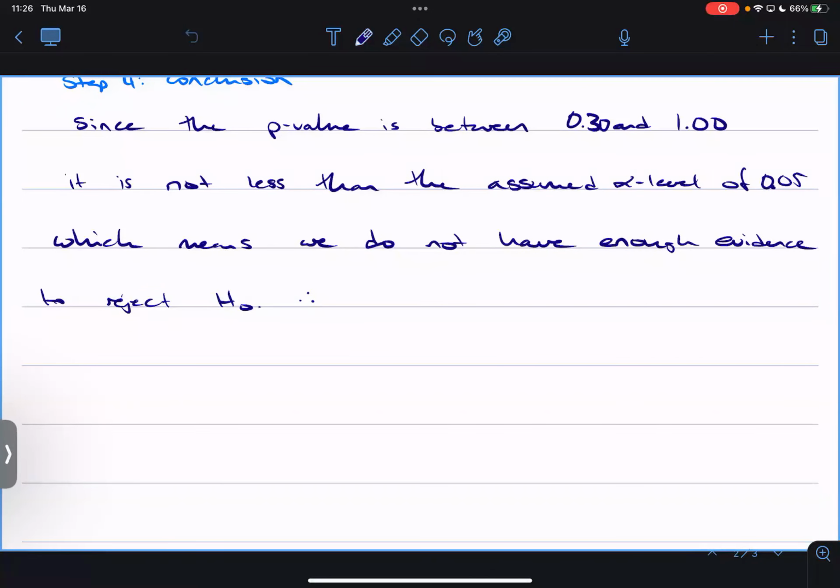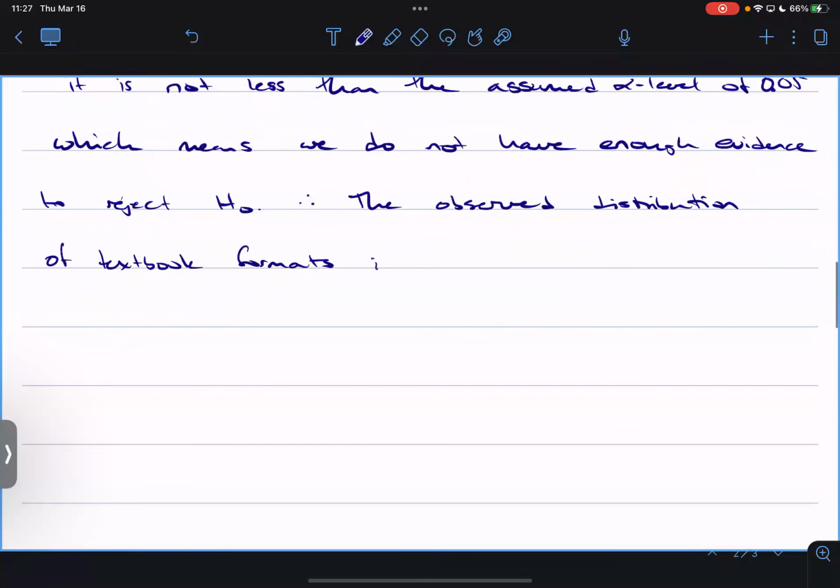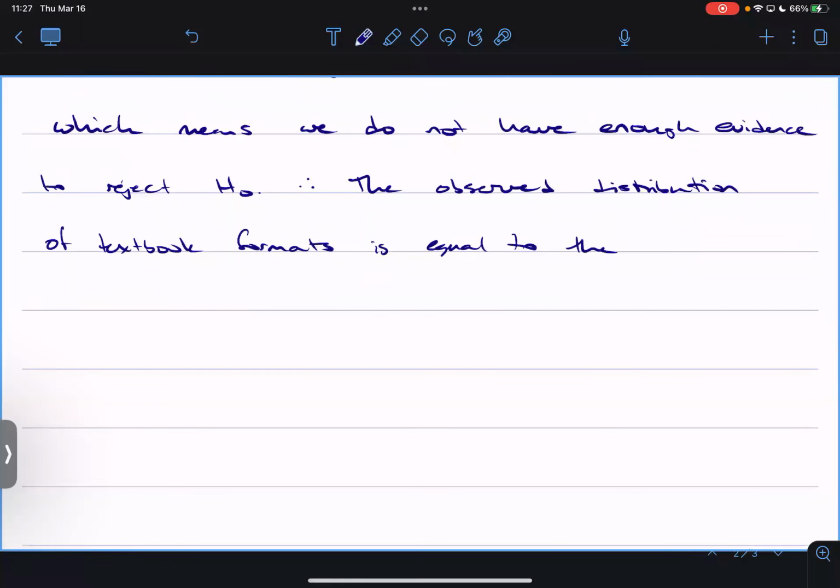Therefore, the observed distribution of textbook formats is equal to the predicted distribution, or maybe I'll say the distribution the professor predicted.